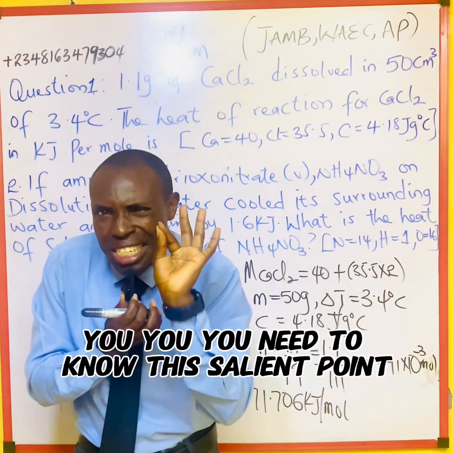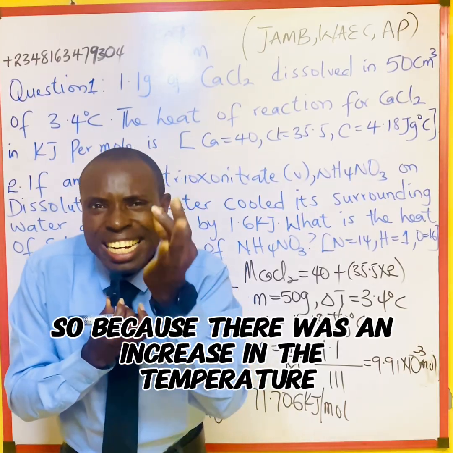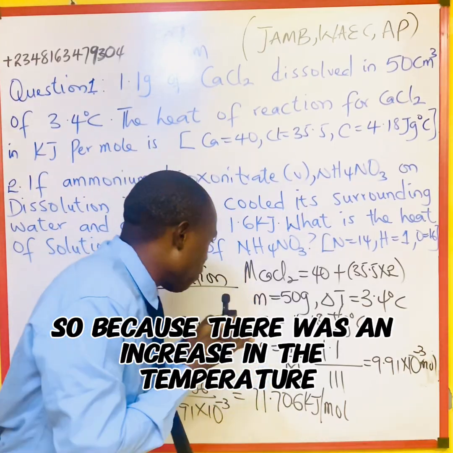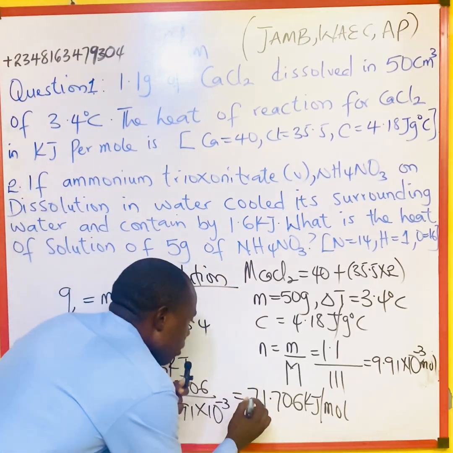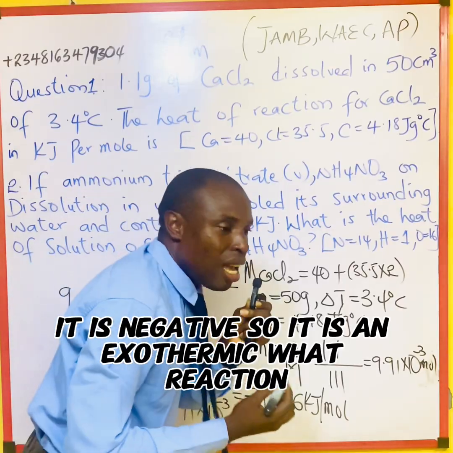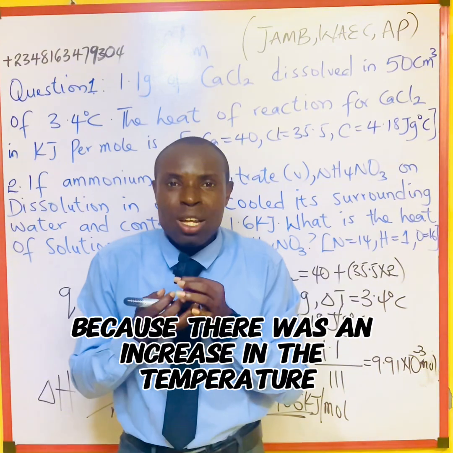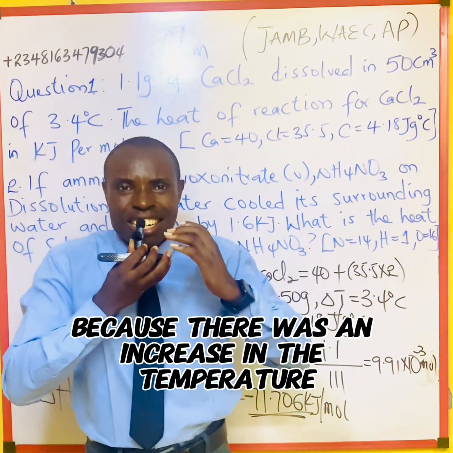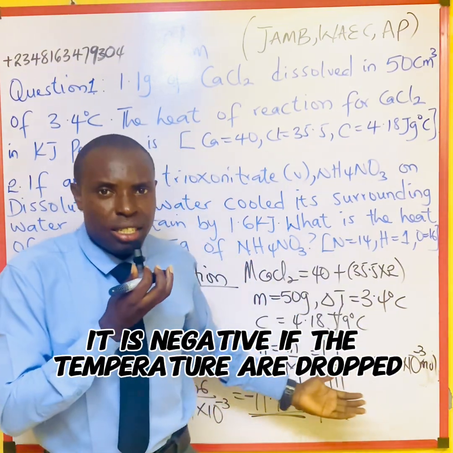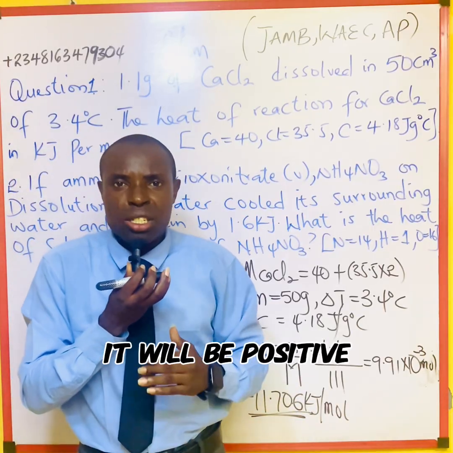You need to know this salient point. So because there was an increase in the temperature, it is negative. So it is an exothermic reaction. Please do take note, because there was an increase in the temperature, it is negative. If the temperature had dropped, it will be positive.